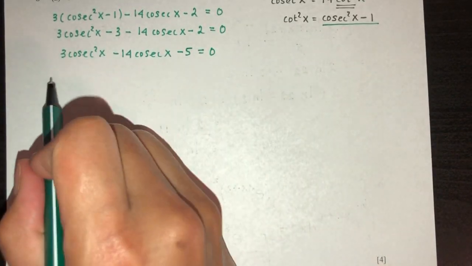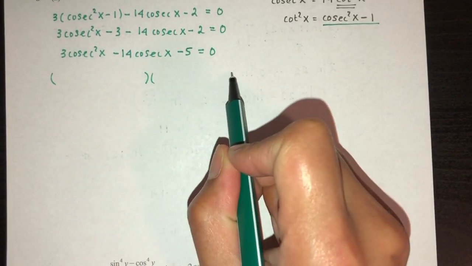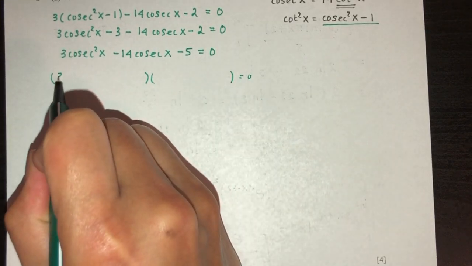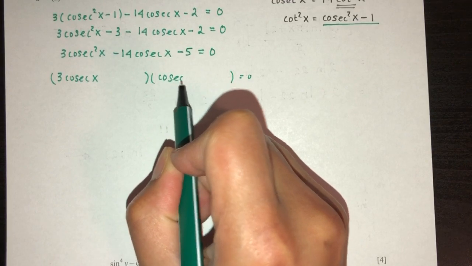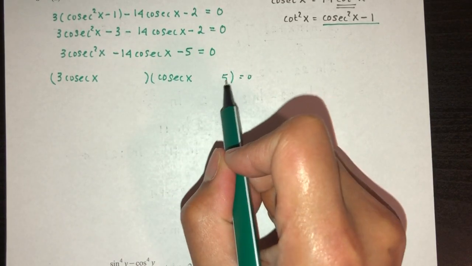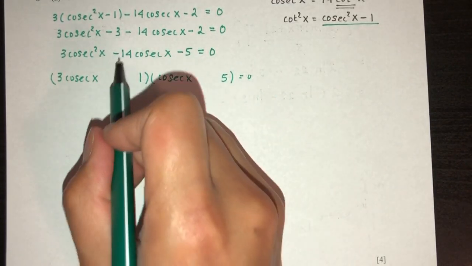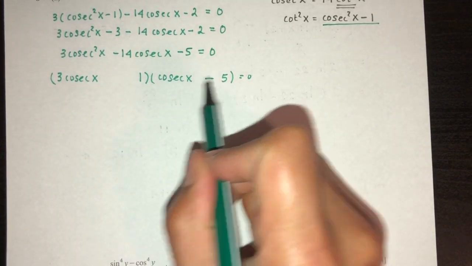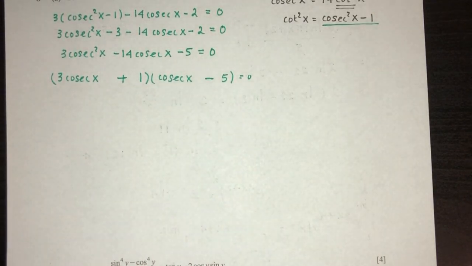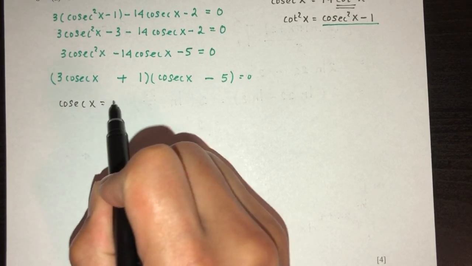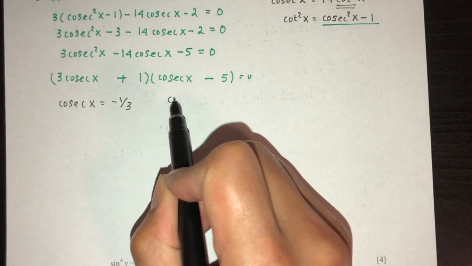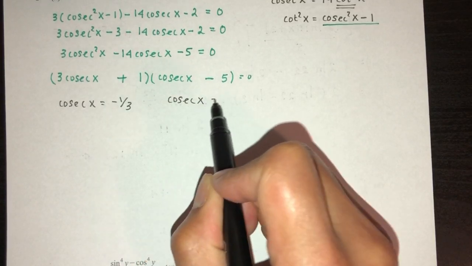Now we have to factorize this to find the answers. So 3 will be 3 cosec x and cosec x. 5 is 5 times 1. Now for you to get minus 14, it has to be minus 15 plus 1. So for this one, you have cosec x is equal to minus 1 over 3, and cosec x is equal to the value of 5.